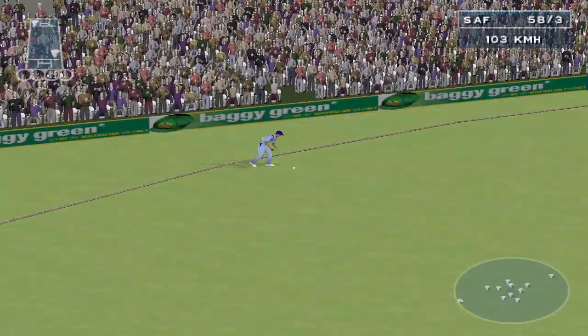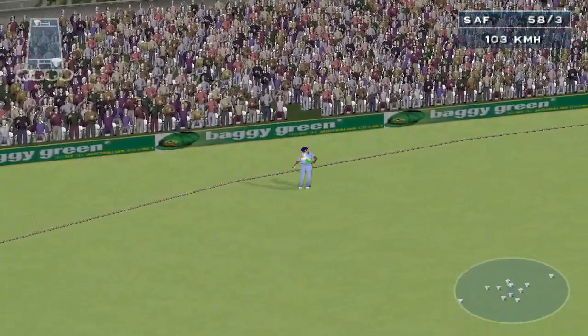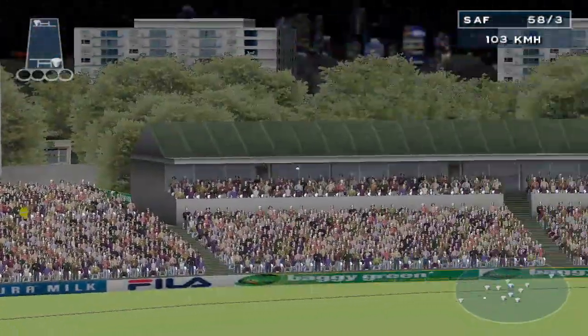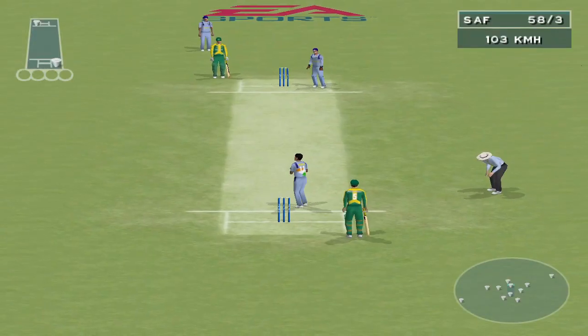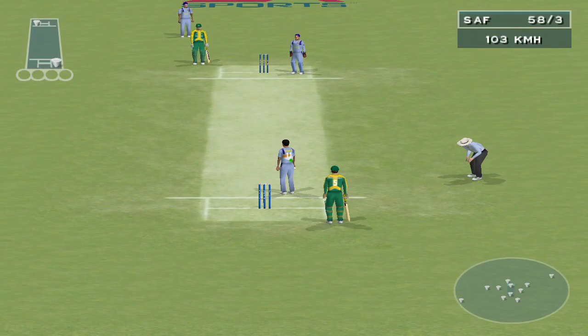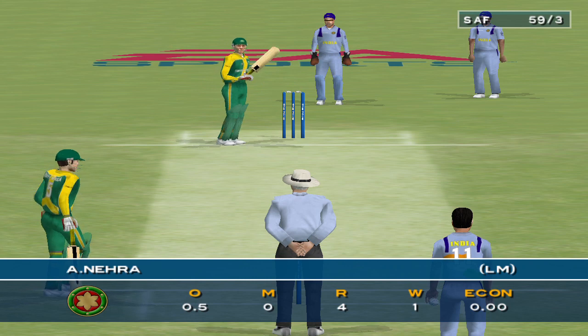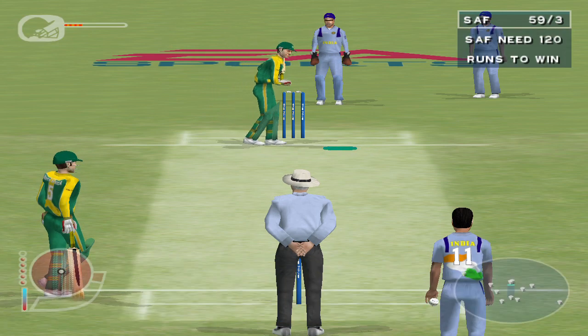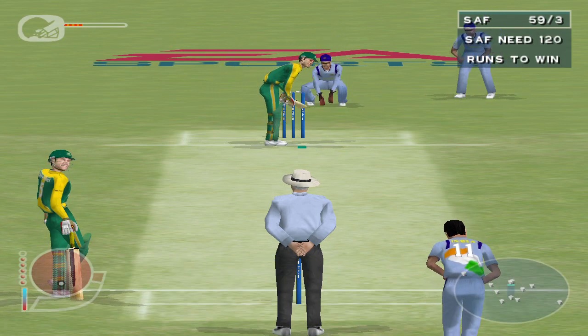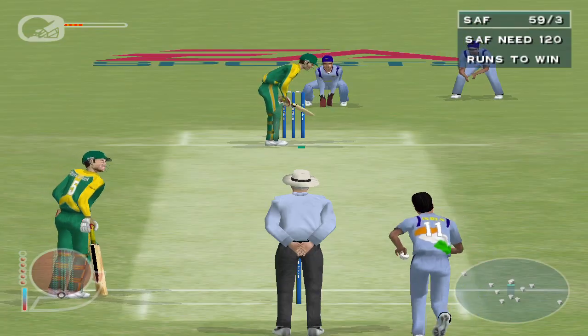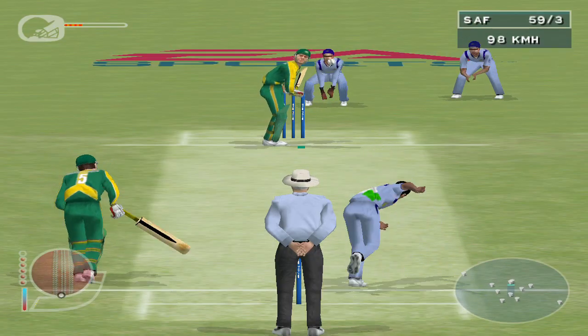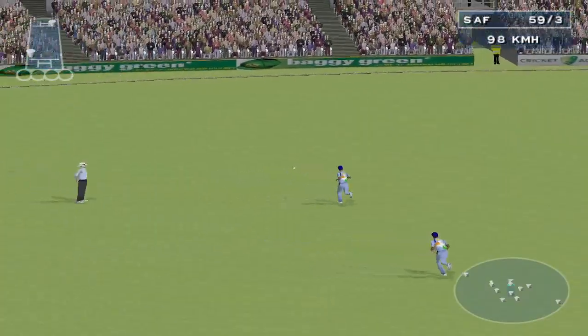Well, he was in good position, but it just didn't stick. Straight into the hands and straight out again. The sweeper picks up. Just one run. Done. The batsman will have to run these.